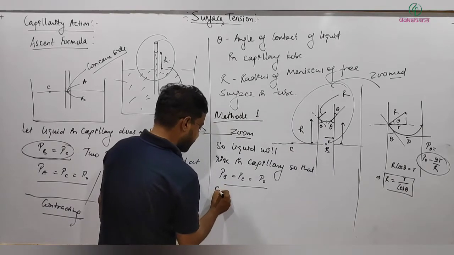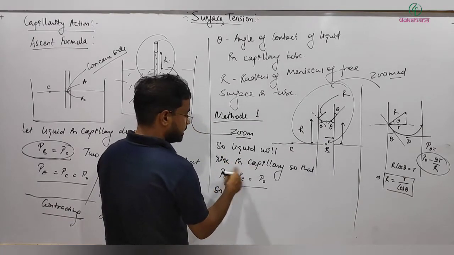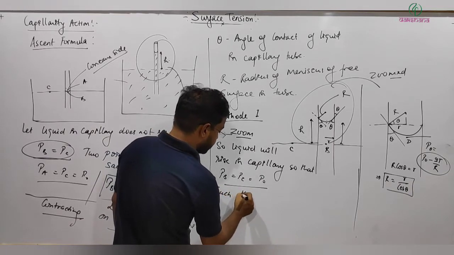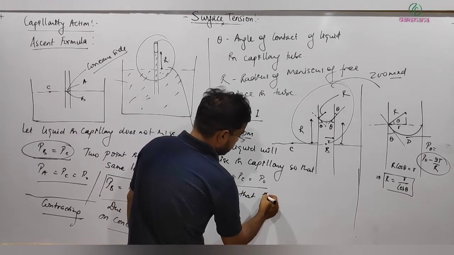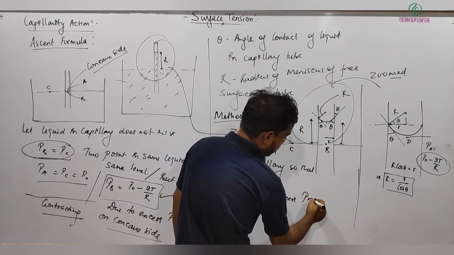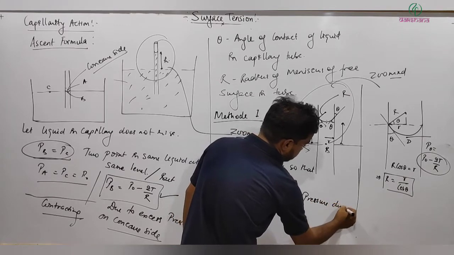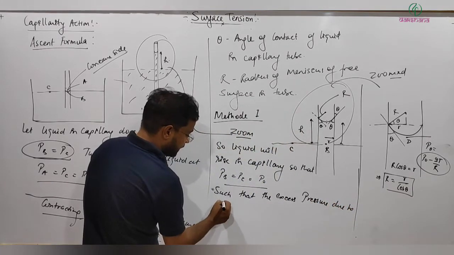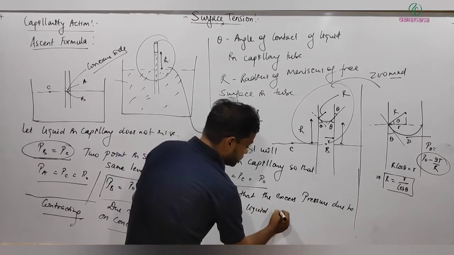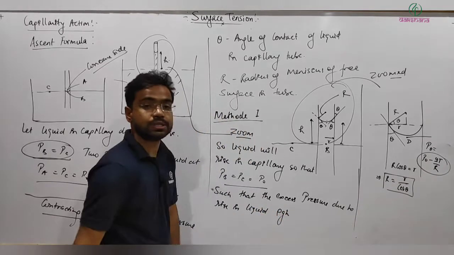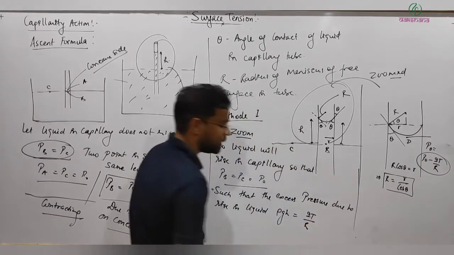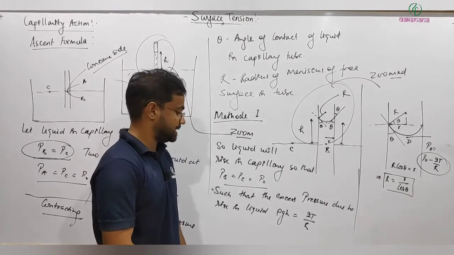So the liquid will rise such that the excess pressure due to the rise in liquid, that is rho g h, if rho is the density, should balance this 2T by R. Clear?